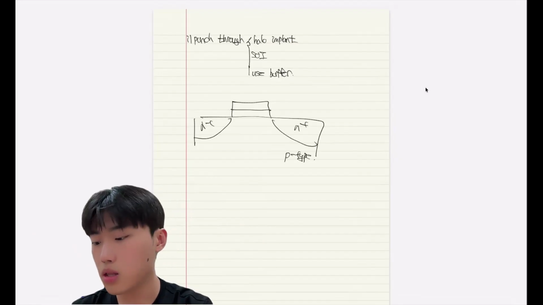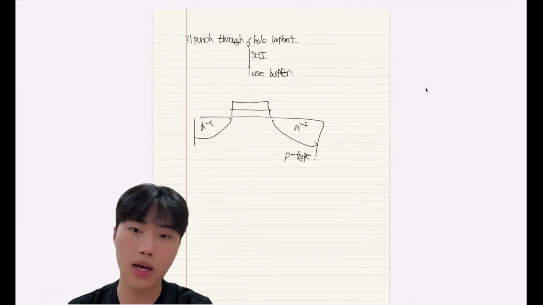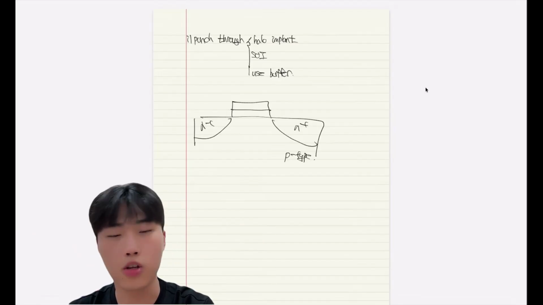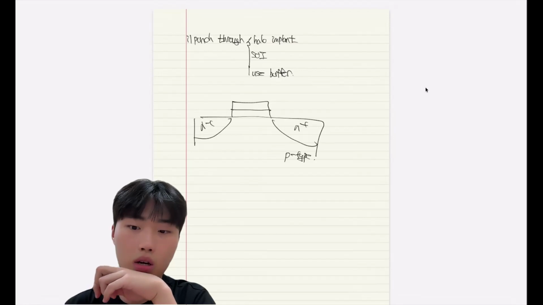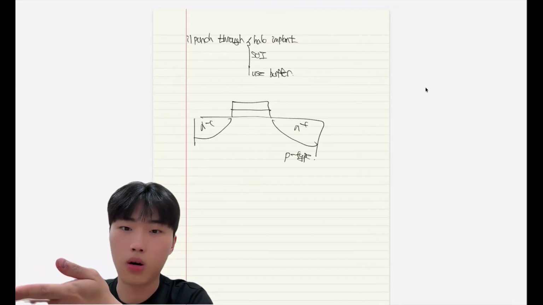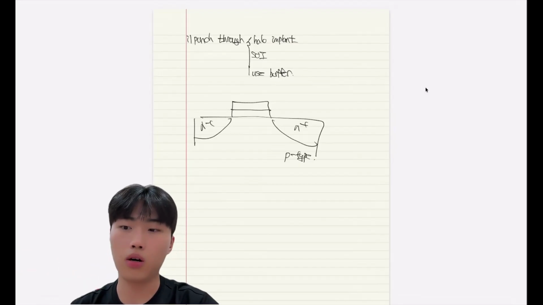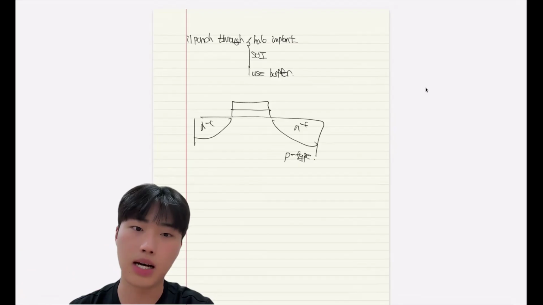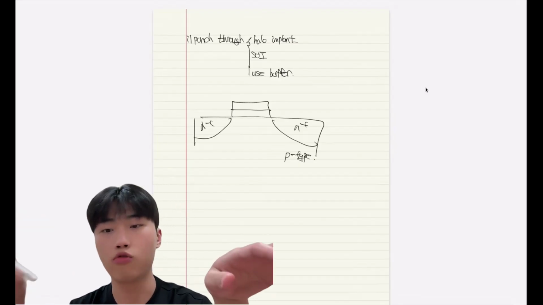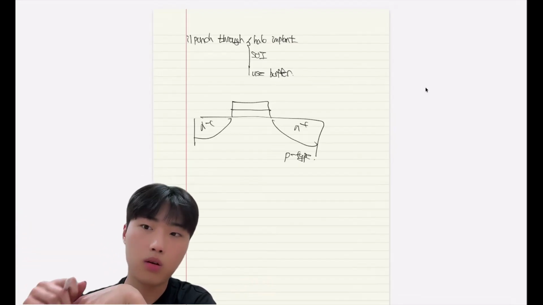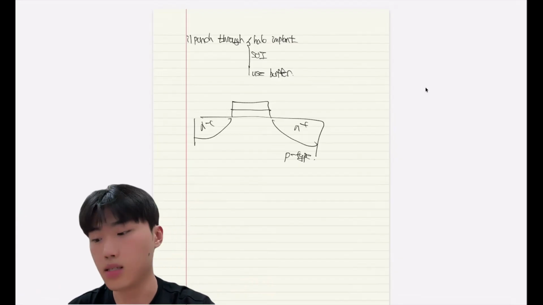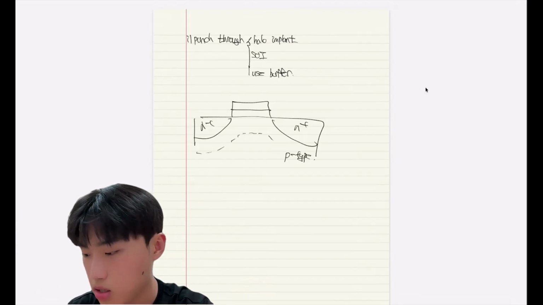As we learned in Semiconductor Engineering 1, the depletion region is smaller on the heavily doped side. The source and drain are heavily doped, so the depletion region goes to the P-type side. It will be like this.